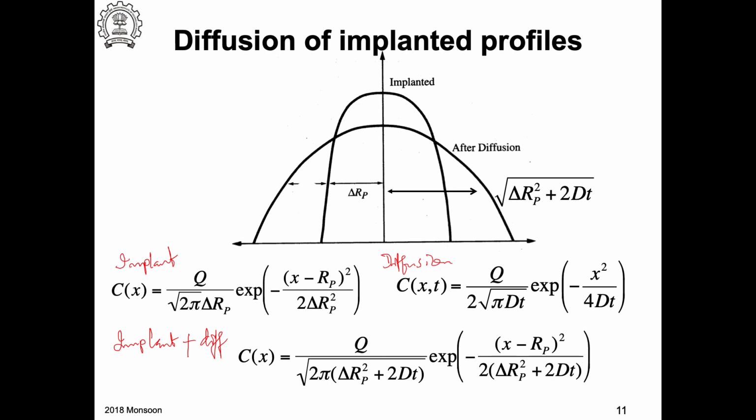So this is from a fixed dose you are trying to diffuse. In that case, you have concentration given by the equation for diffusion. This is the total dose that is available for diffusion, this is the diffusion coefficient, and this is the time of diffusion. So you can see that these equations are similar in form.